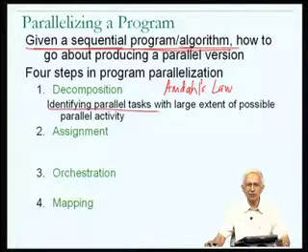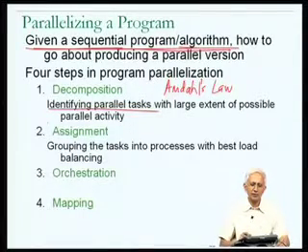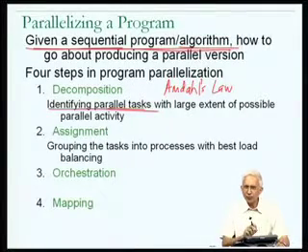Now, after we have got some perspective on how we would like to decompose the problem, the next step is to actually do assignment, which is grouping the tasks into processes. Now, in the first step, we had explicitly not talked about processes, but rather about tasks. And the right way to think about this is to think about our pi calculating program.